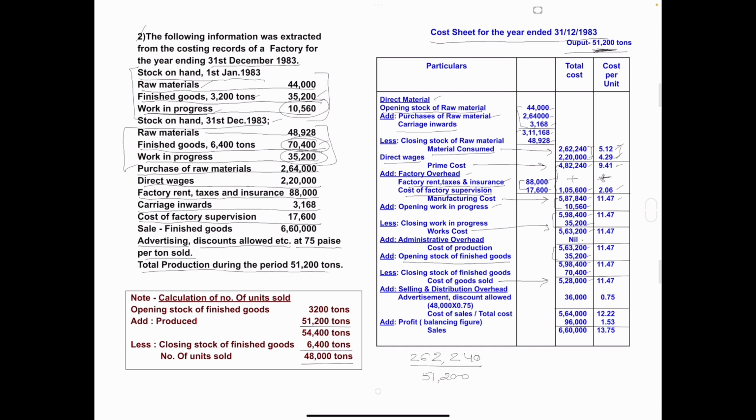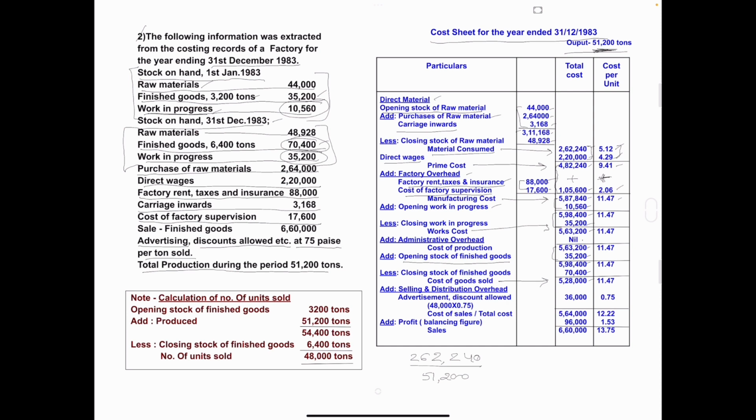Means if you have sold 1 ton of products, the advertising and discount allowed expenses will be 75 paise for 1 unit, for 1 ton.